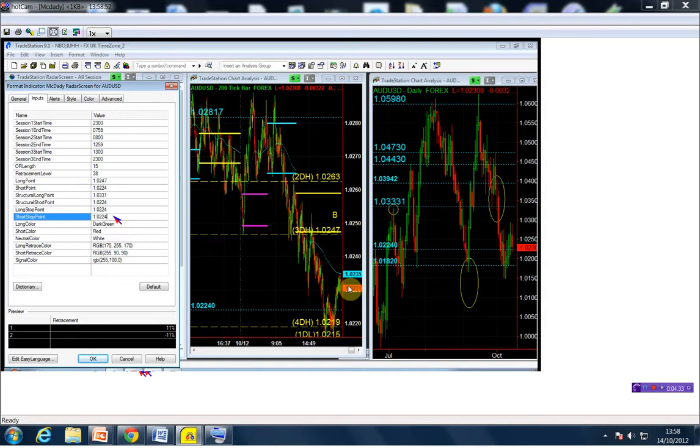I'm buying it above 102.47. My next structure point is the 103.31, and my stop is the 102.24. On the short side, I'm going short below the 102.24, and that's going to be my entry and my stop. Okay, that is the Aussie dollar. So let me save that.